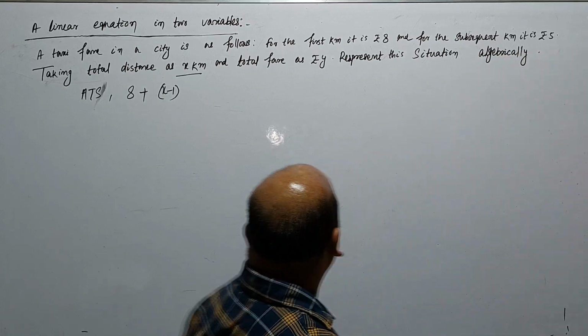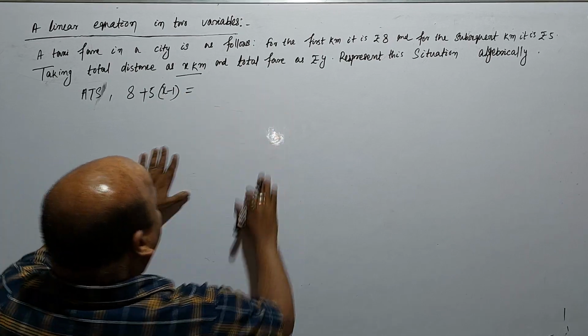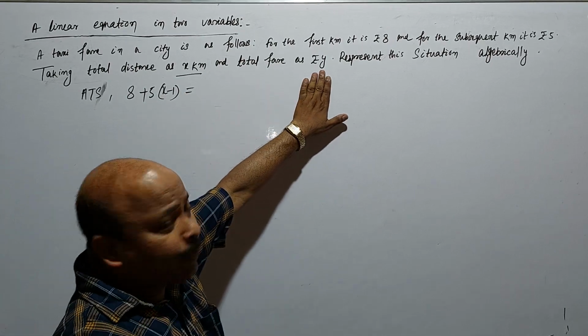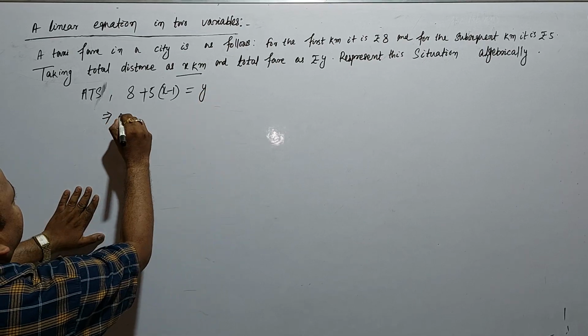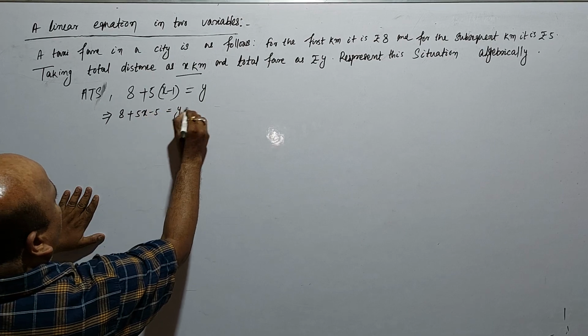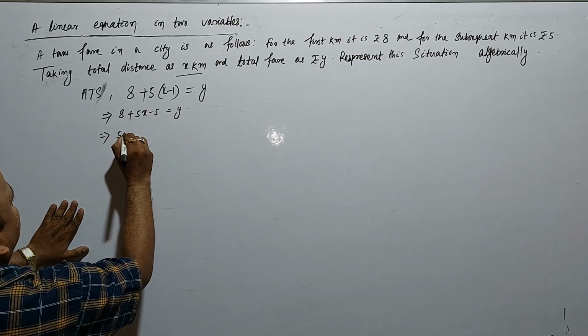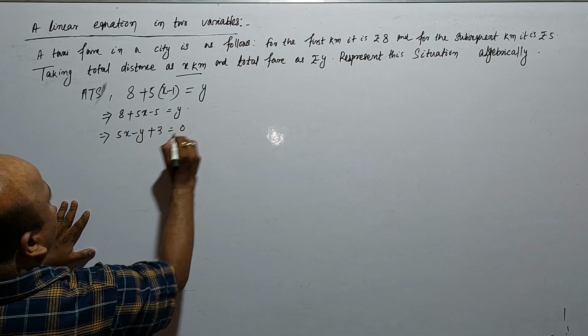It is rupees 5. So we multiply by rupees 5, and total pay, how much the person has to pay? Rupees y. Okay, so now simplifying it, it is 8 plus 5x minus 5 is equal to y. That means 5x minus y plus 3 equal to 0.